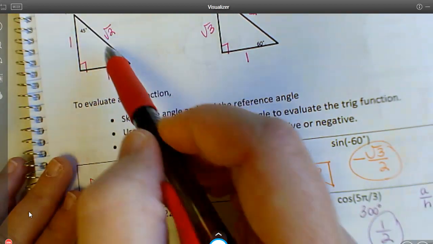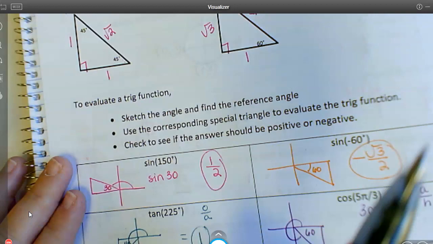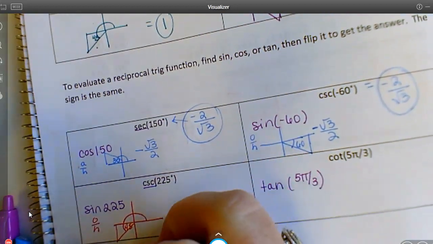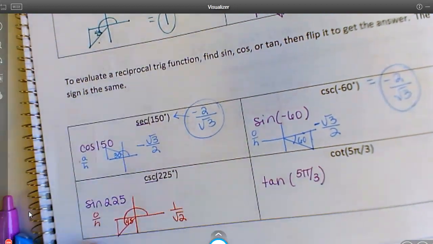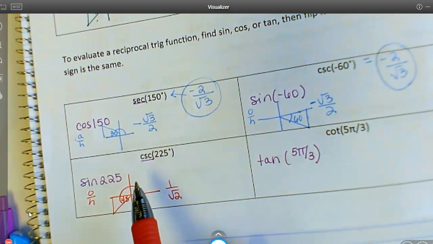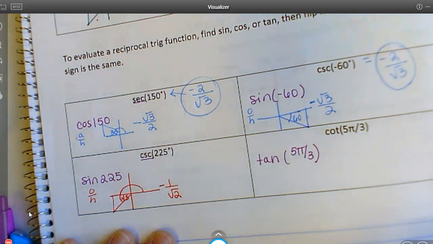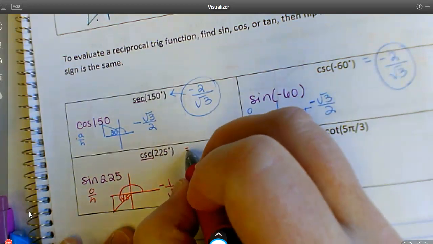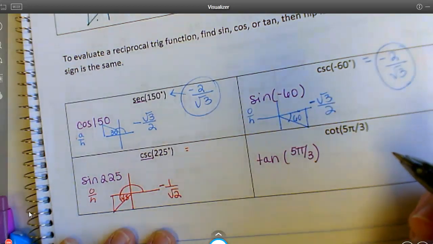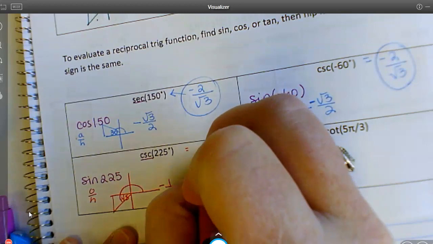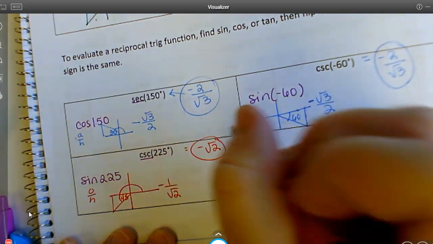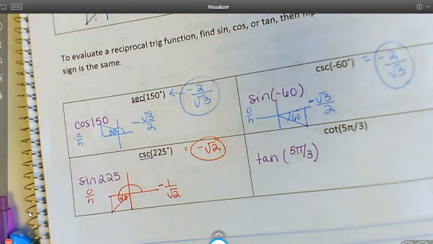O is 1, H is square root of 2. Think about ASTC. AST, tangent is positive, so what does that mean about sine? Negative. And then if I flip it, cosecant would be negative square root of 2 over 1, or just negative square root of 2.